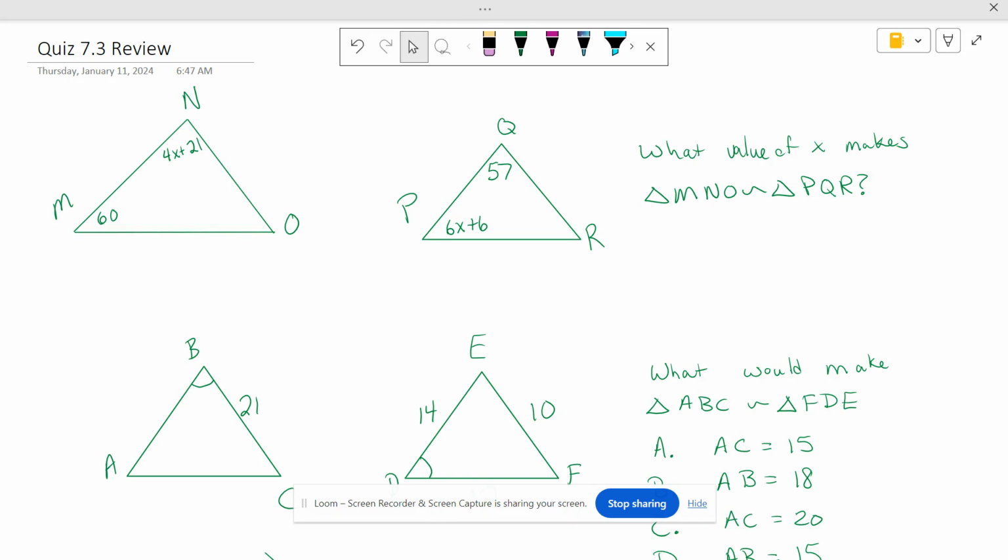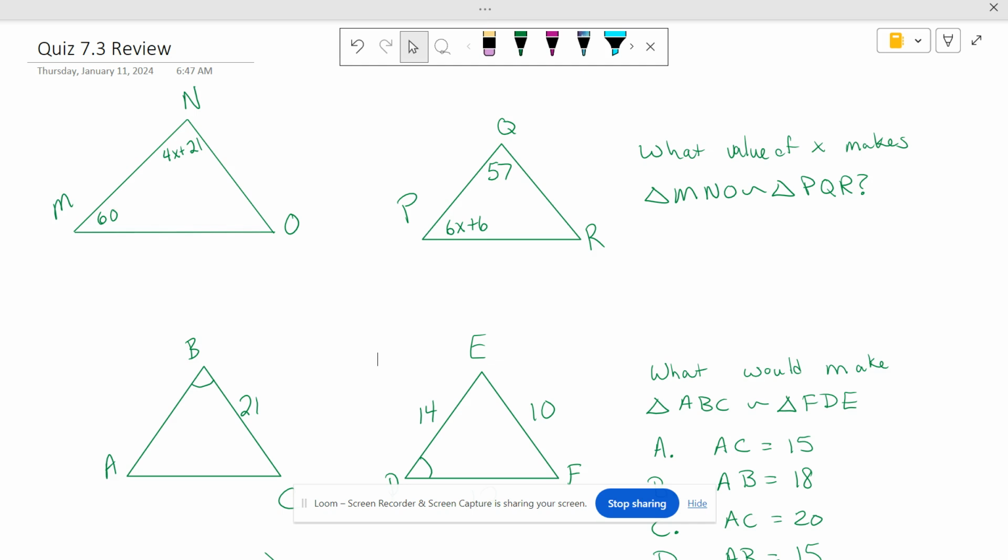So not yesterday, Tuesday, we had similar triangles. There are three ways for them to be similar. If two angles of one are congruent to two angles of another one, then the triangles are similar.